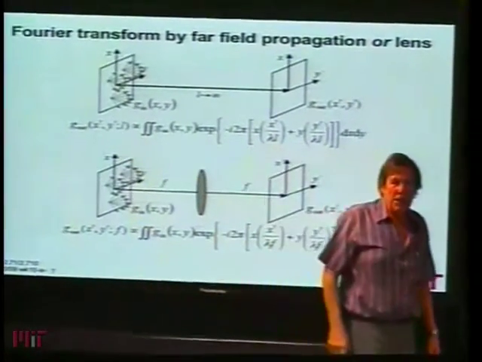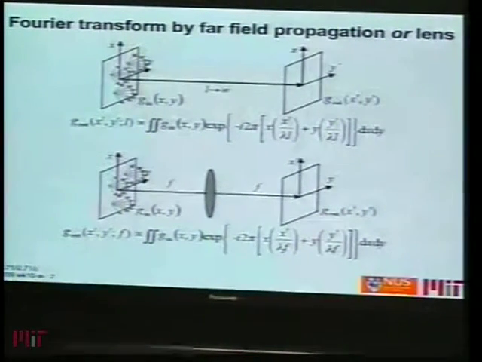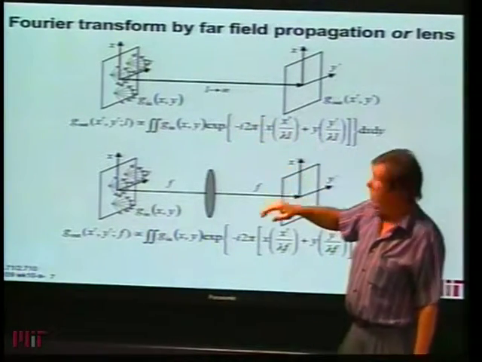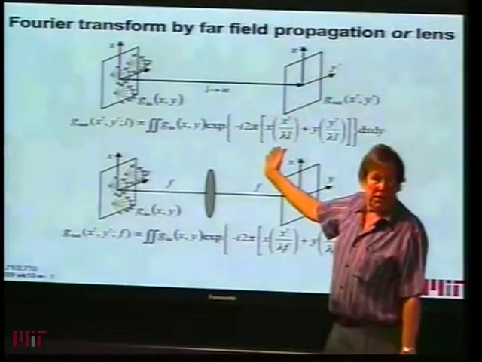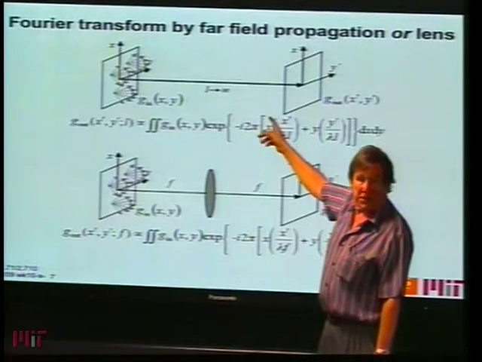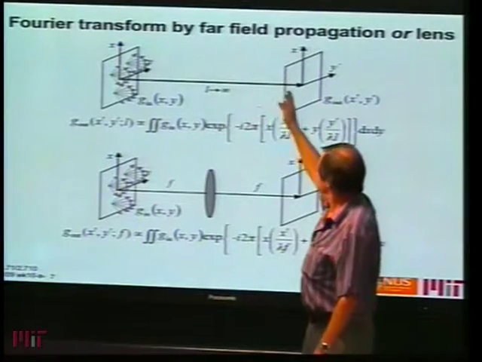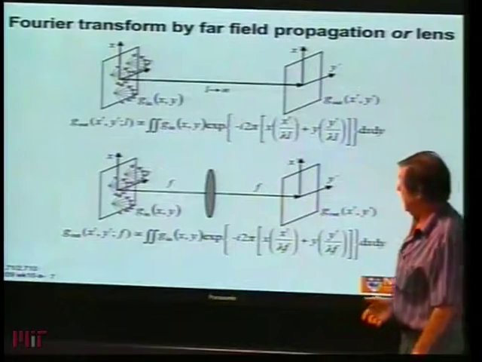There's some things out the front there. And in particular, there's going to be, again, a parabolic phase term, isn't there? Because in this case, what you'd expect is that this Fourier transform is going to be on the surface of some curved surface, not of a plane surface, right? So if the screen is plane, then it's going to be multiplied by some parabolic phase term.